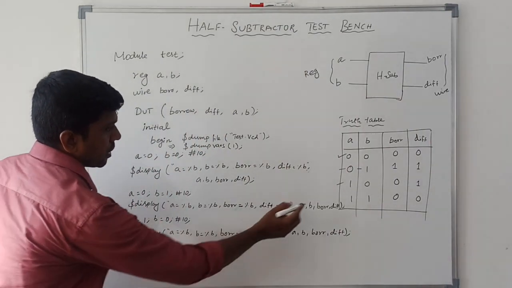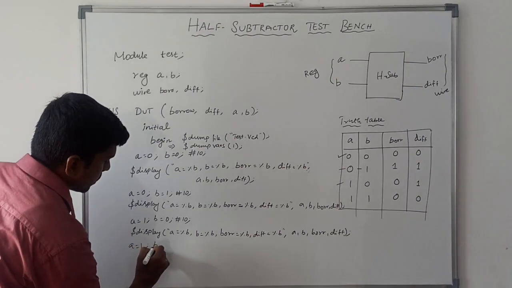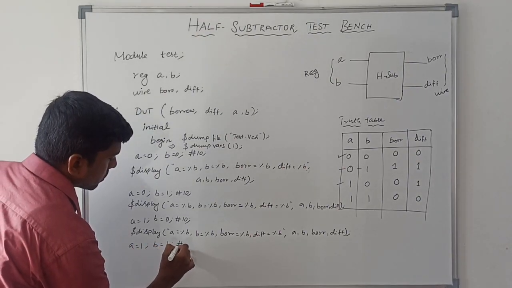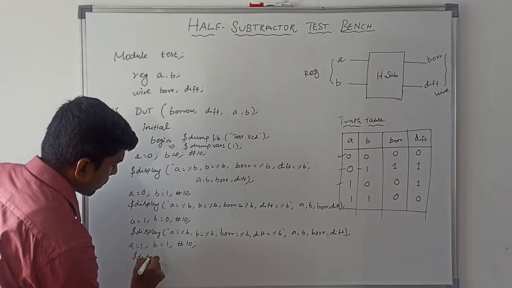Then come to the final input, A value 1, B value 1. Both the values are 1, A equal to 1, B equal to 1. After 10 nanoseconds, change the output response.